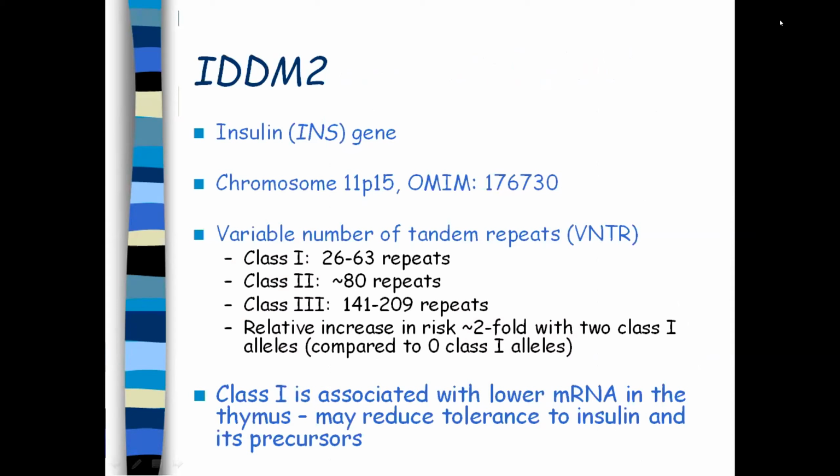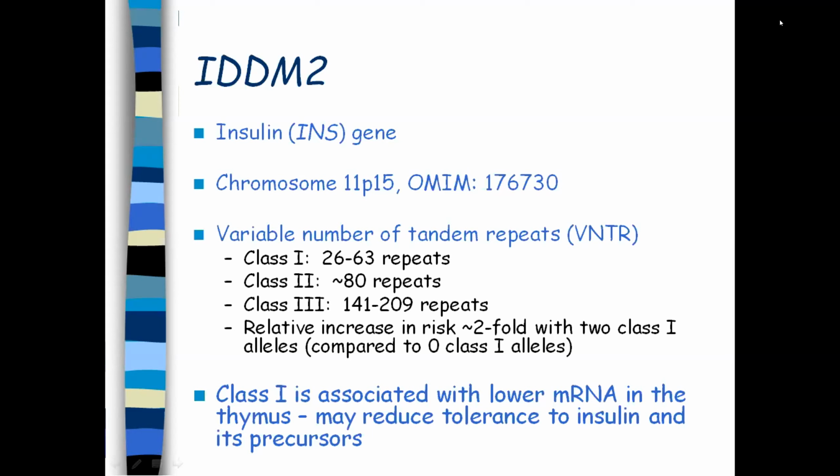Then insulin dependent diabetes mellitus M2. So when we are talking about the insulin gene, that is chromosome 11p15. So variable number of tandem repeats, that is class 1, class 2 and class 3. In class 1, the repeats were 26 to 63. In class 2, it is approximately 80 repeats.